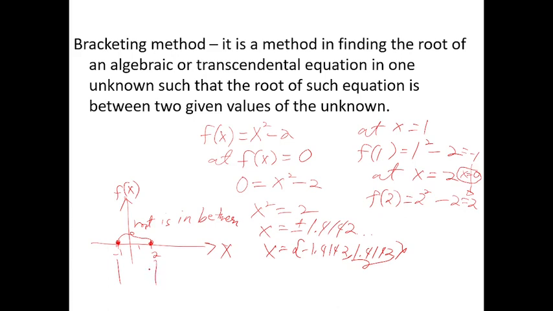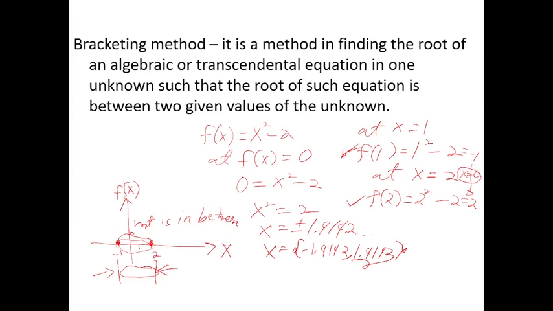So, kumbaga, nakapagitan siya sa dalawang initial values ng x. Okay? Such that, yung dalawang function values dapat opposite signs. So, dapat opposite signs. Okay? So, nandito yung location ng root between negative 1 and 2 that we will determine using bracketing method.